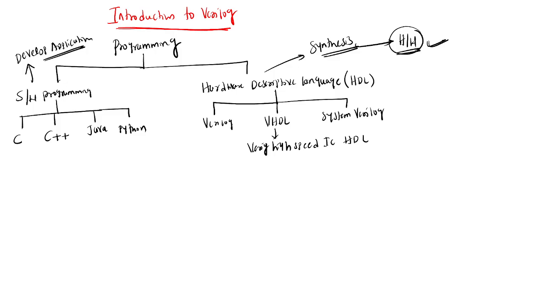We have VHDL, which I told you is very high speed integrated circuit hardware descriptive language, and this is highly secure. It is mainly used in defense and academics.